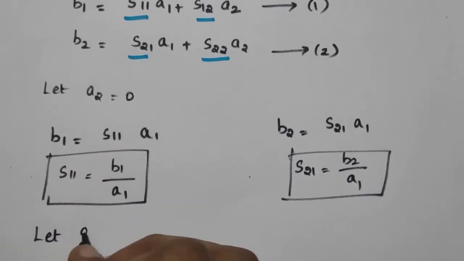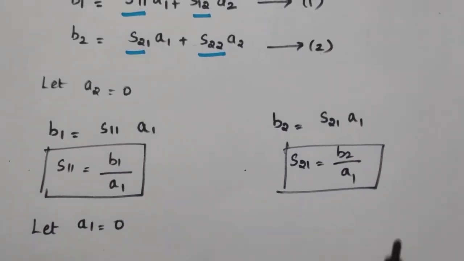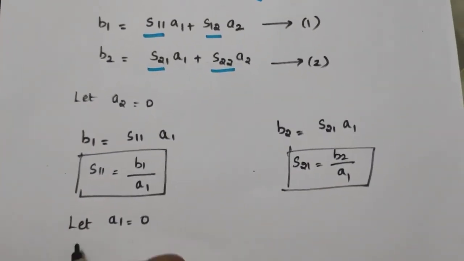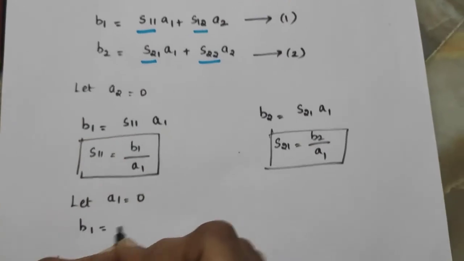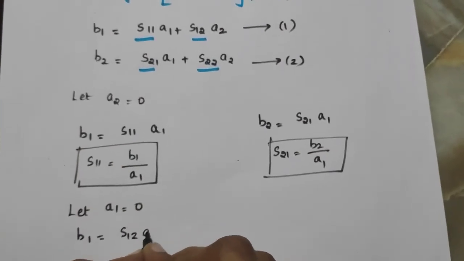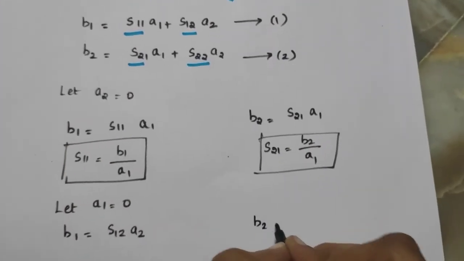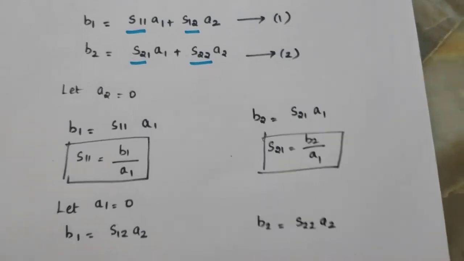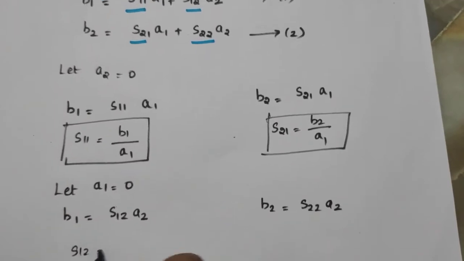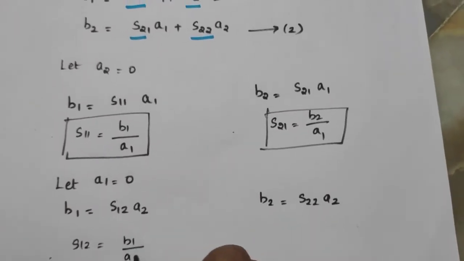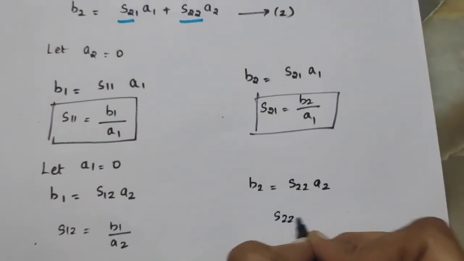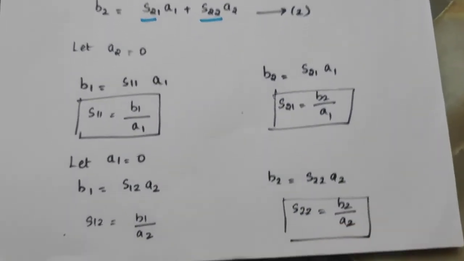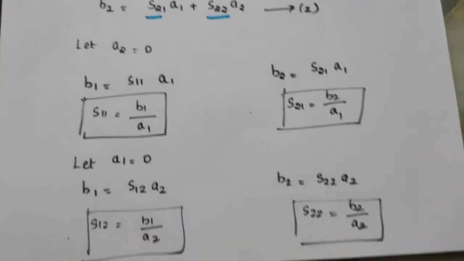We will assume there is no wave at port 1. There are only waves incident at port 2. Under this assumption, equation 1 becomes B1 is equal to S12 into A2, and B2 is equal to S22 into A2. Therefore S12 will be B1 by A2 and S22 will be B2 by A2. So these are the values of S12 and S22.